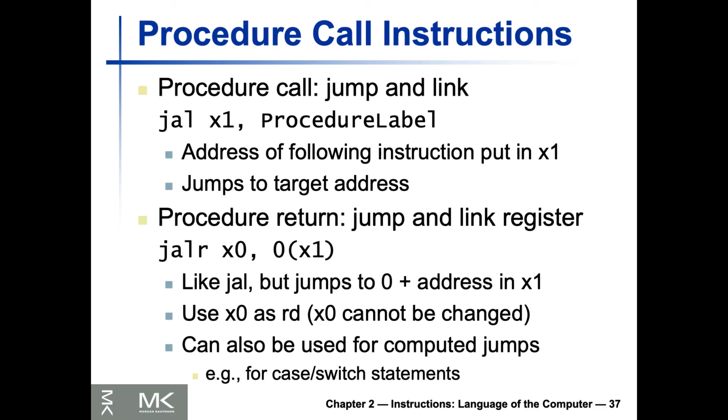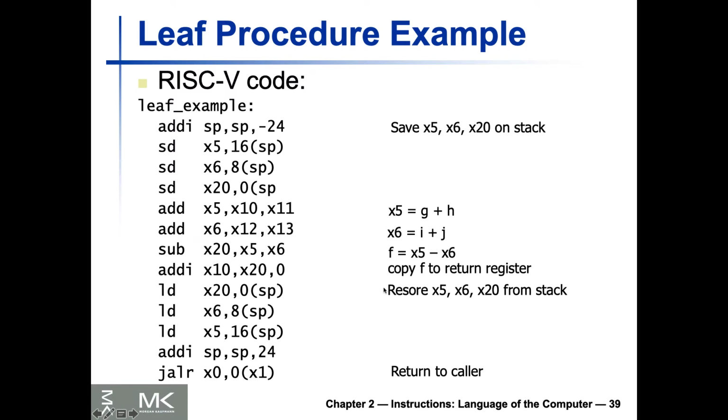Can you explain again what you mean by using X0 as destination? The address to jump back to your call later is already in X1. X1 contains the value, and you jump to offset 0 of X1.